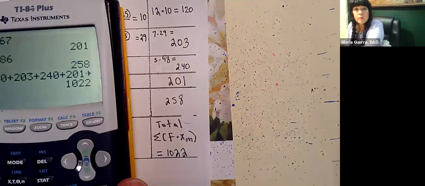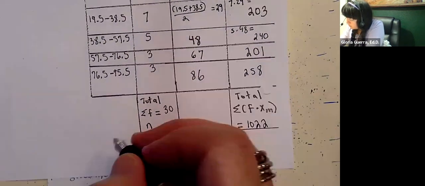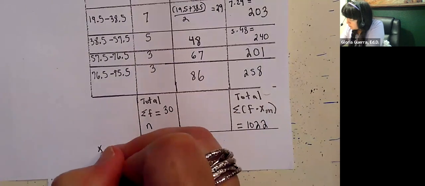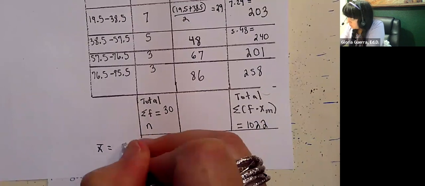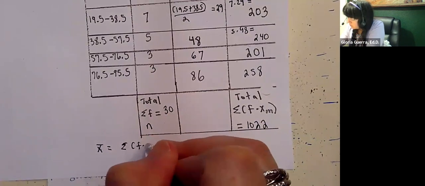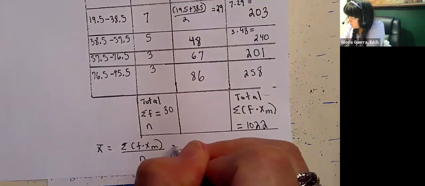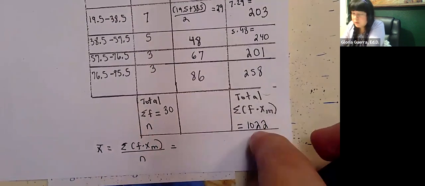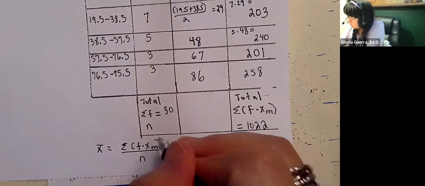Okay. So then I have my formula. Remember, I have x bar equals summation of f times xm, divided by n. And then when I substitute, I have 1,022 divided by 30.